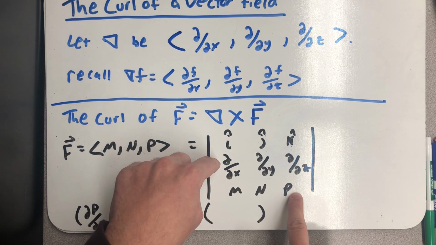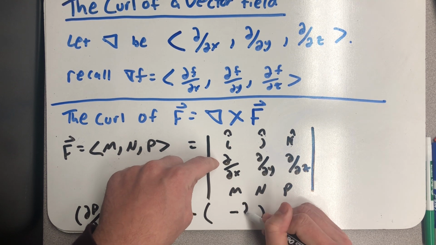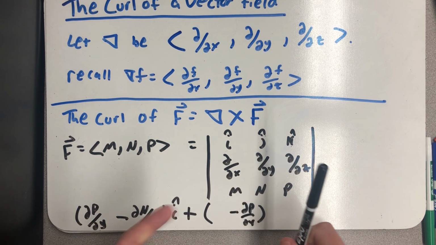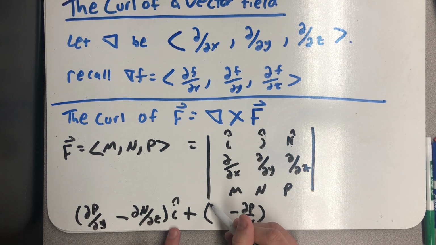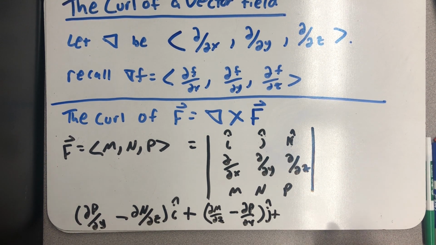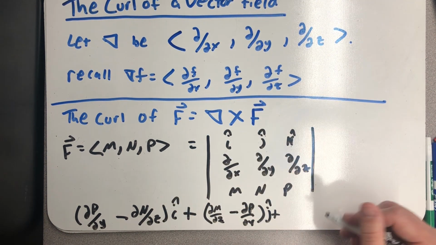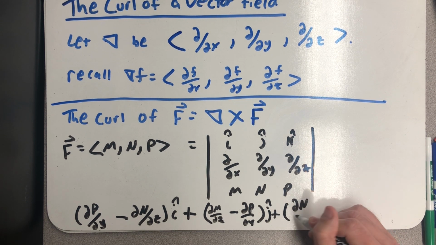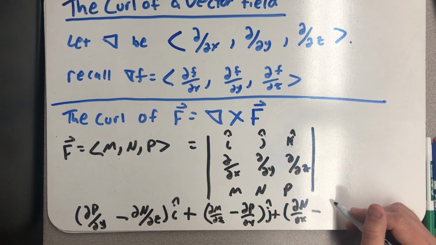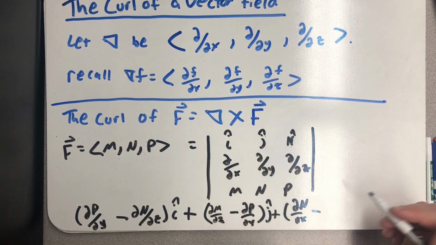So I'd have the partial of P with respect to x, but it's actually going to be the minus part, thinking about distributing, and then the partial of N with respect to z is going to be the positive part. And then finally, the k component of the curl vector, cover up the k part, and I get the partial of N with respect to x minus the partial of M with respect to y.